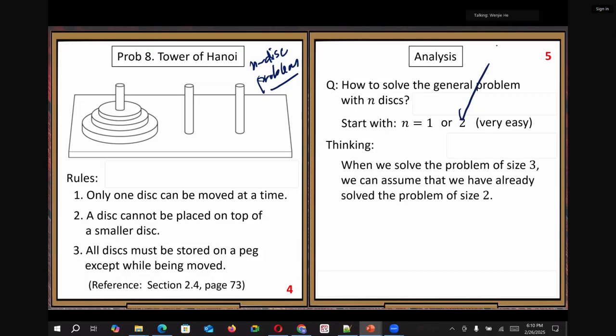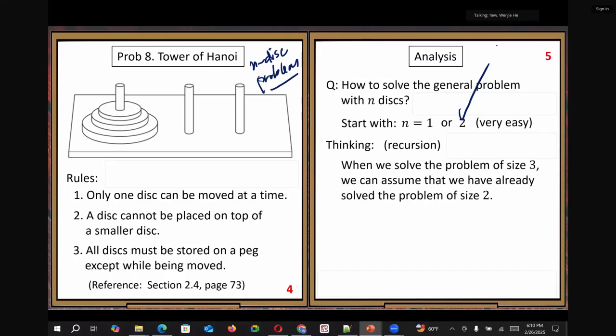So here we already use recursive thinking, because in order to solve the problem of size 3, our starting point is the problem of size 2. Our starting point is much higher, not from 0, not from nothing.